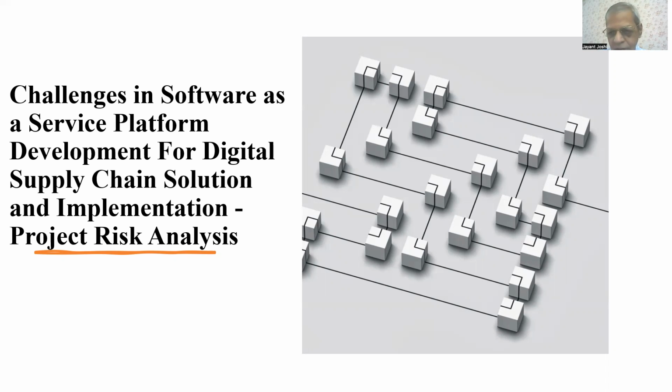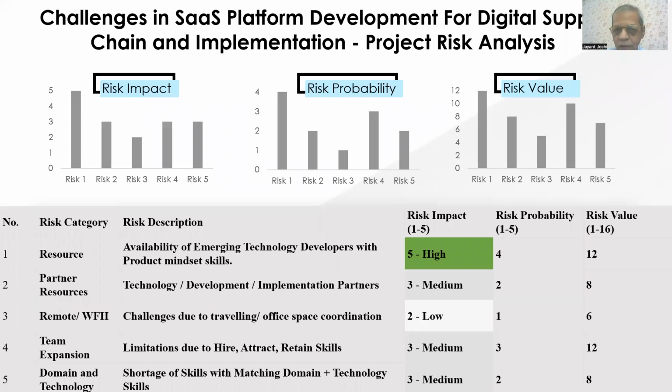And these are the factors which I thought I will share with you. So let's look at those three areas which we always think about. The first one is risk impact, then the risk probability, and then the third one is the risk value.